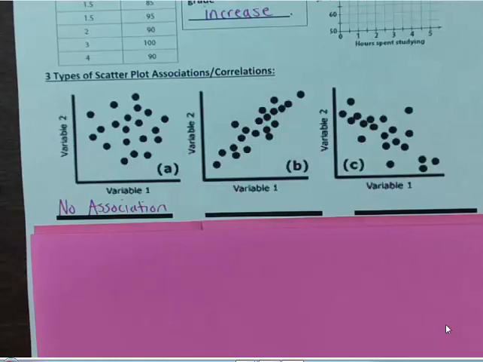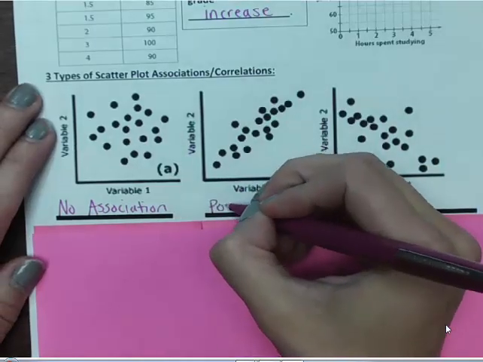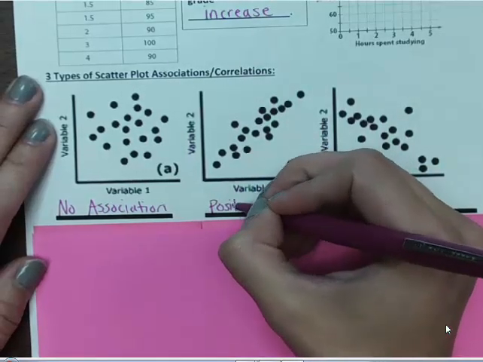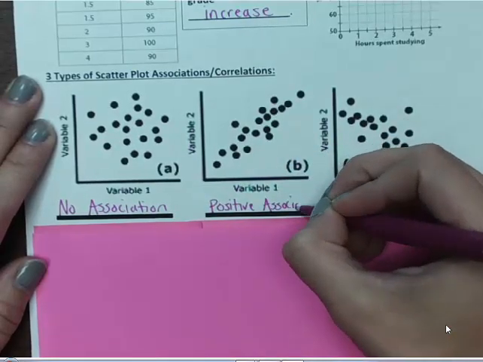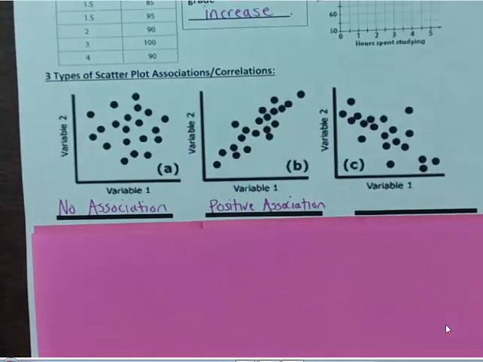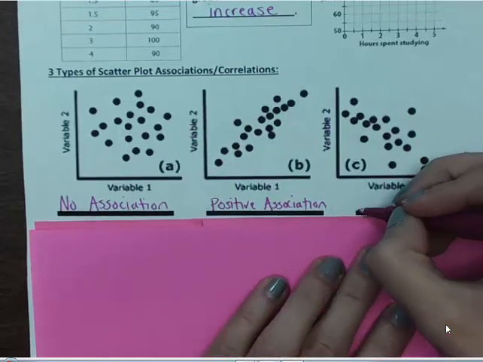This next one, if I read left to right, which direction is it going? It's going up. So just like our slope, this is going to be called a positive association. And then the last type of scatter plot, if I read the graph left to right, it's going down for the most part, so this is going to be a negative association.